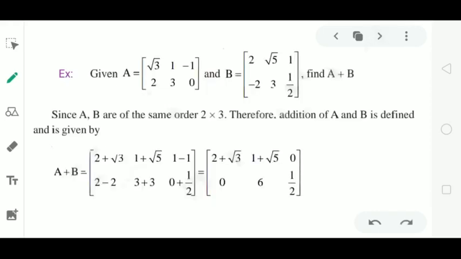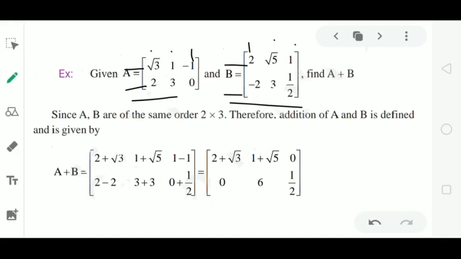Consider another example. Here I have considered two matrices A and B of order 2 by 3, that is 2 rows and 3 columns. In second matrix also we have 2 rows and 3 columns.